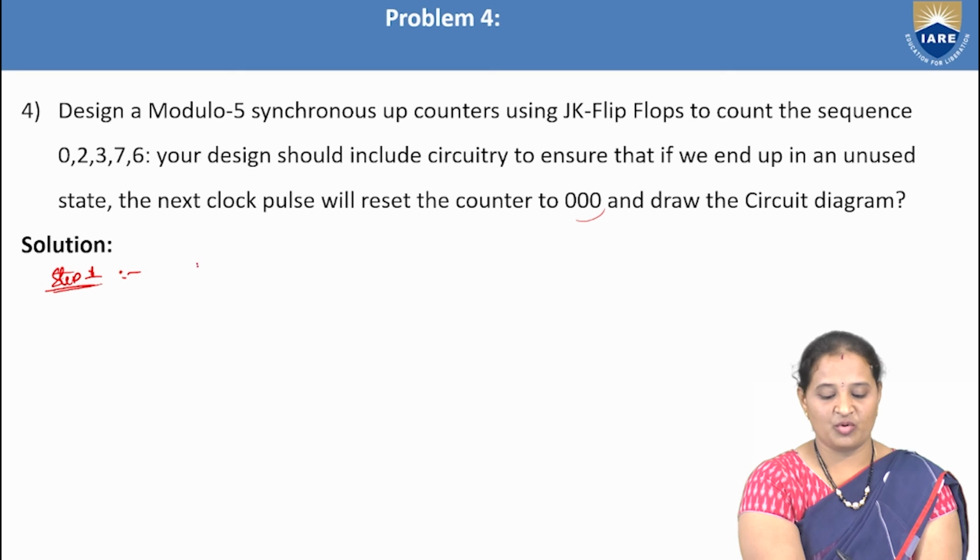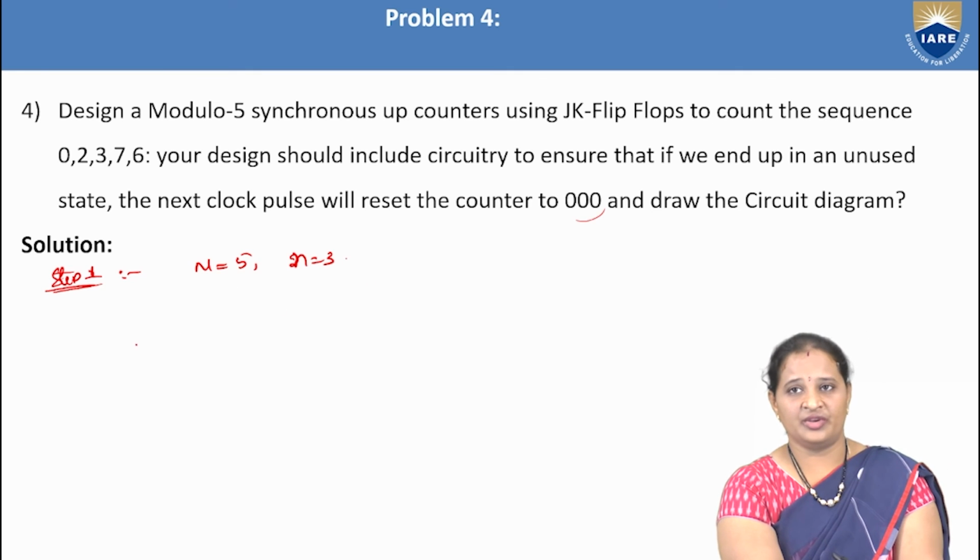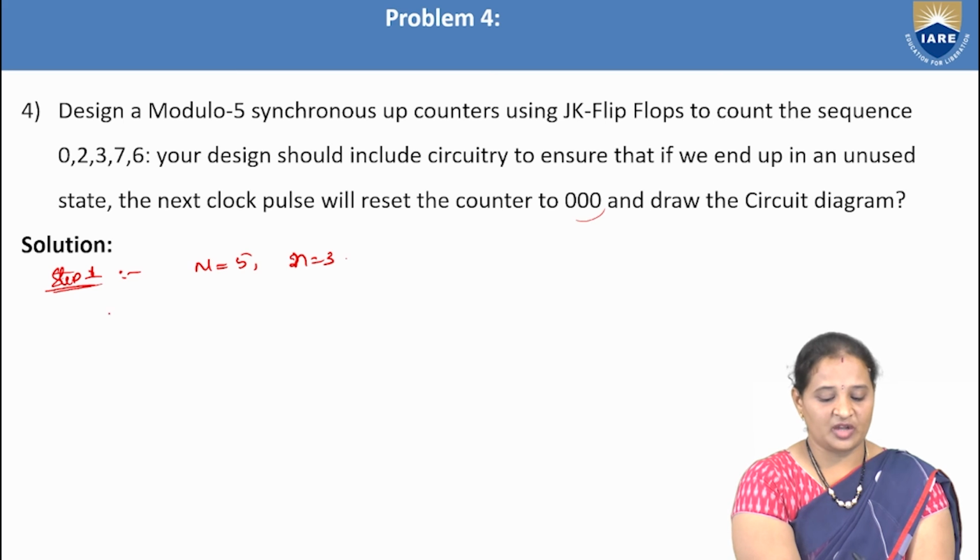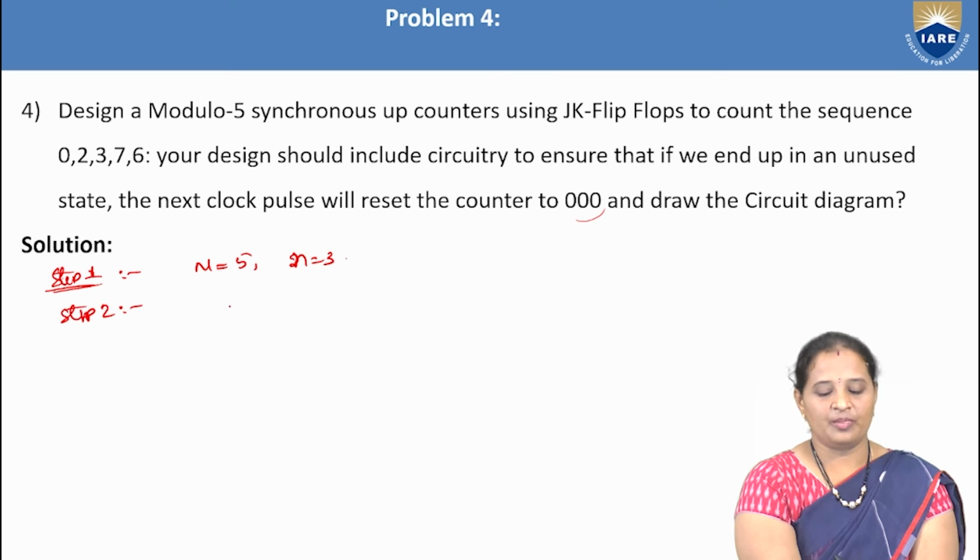So in step 1, as we want to design a mod 5 counter, n is equal to 5, where n is equal to 3 number of flip-flops are required. Coming to step 2, we need to have the state diagram here.